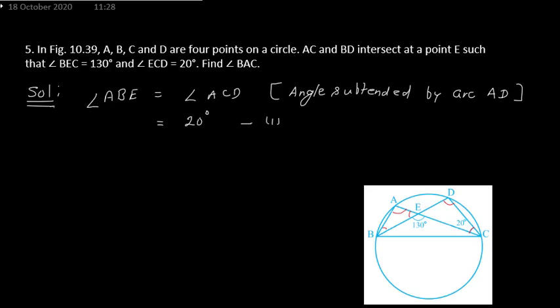Now angle AEB plus angle CEB, their sum is 180 degrees. Reason is angle in linear pair.